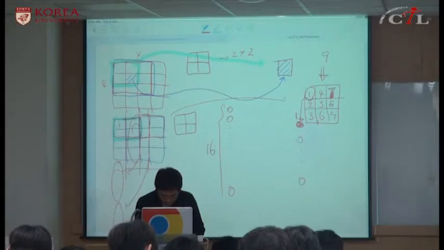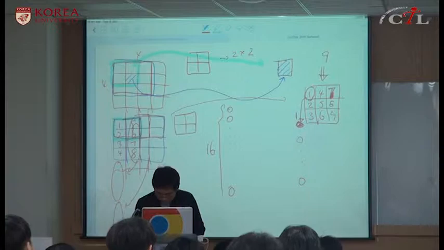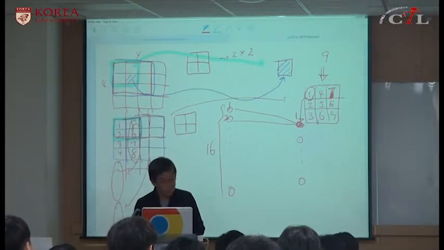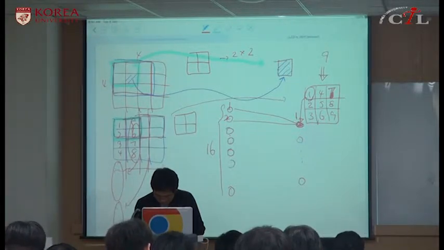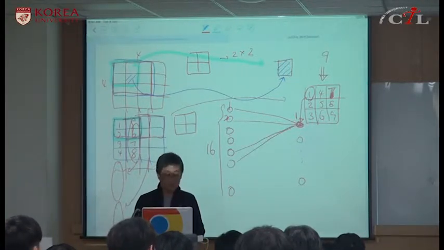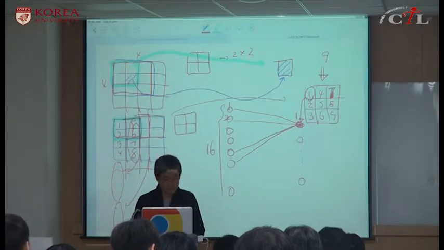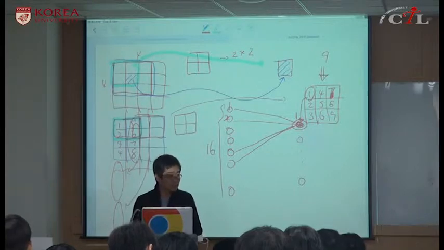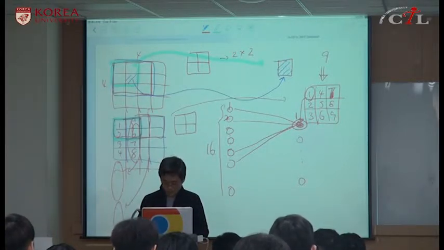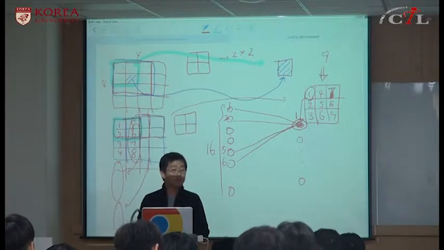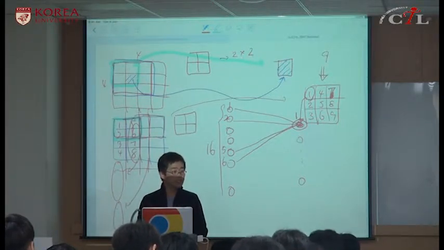It will be 1, 2 connected together, and then 3, 4, 5, 6 connected together, right? So the first output node is only connected to these 4 different input nodes, right?